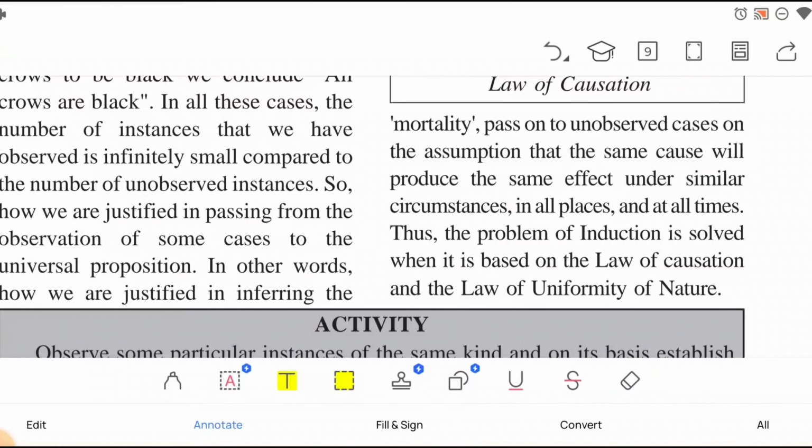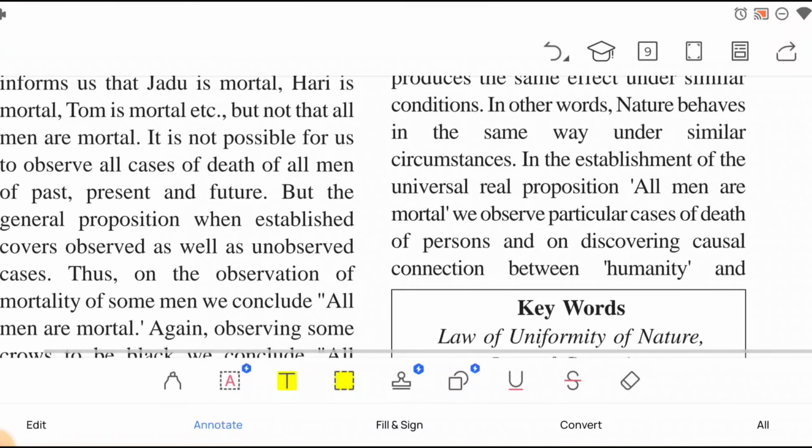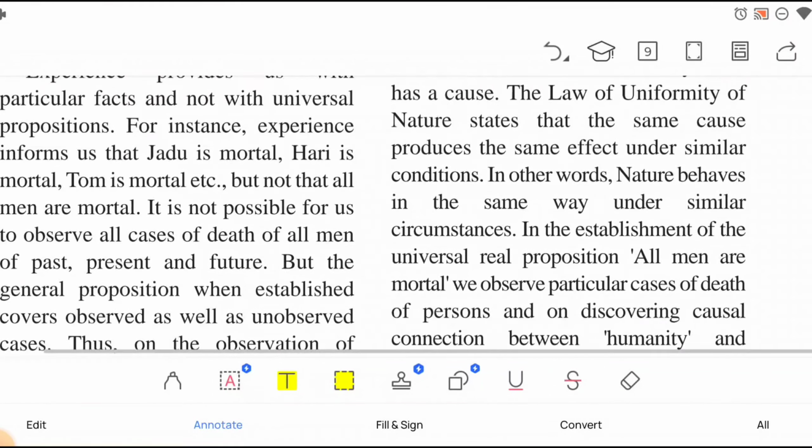If we talk about the uniformity of nature, for example, we have seen people dying for thousands and thousands of years, and we know that nature behaves evenly, always equally to certain things.